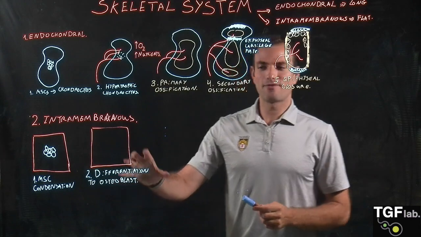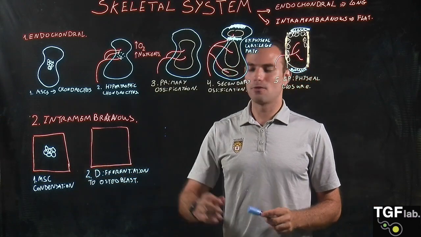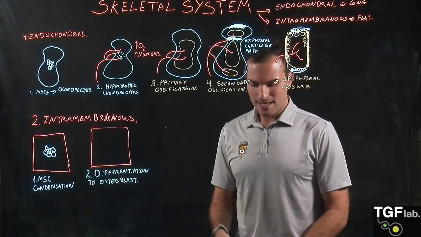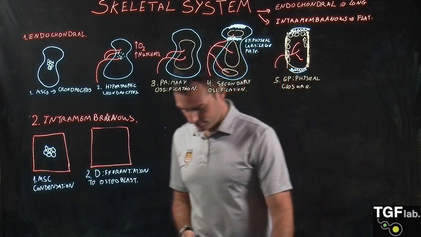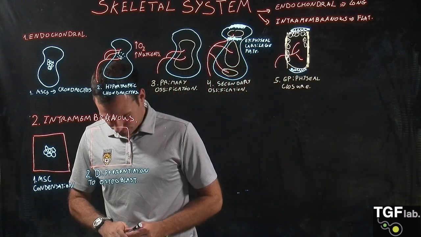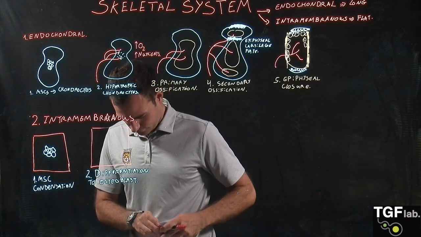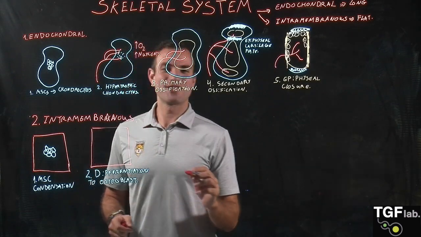And this process, differentiation of the MSCs to osteoblasts, is called osteogenesis, and they are going to form a structure called the osteocyte. Sorry, not the osteocyte, the osteoid.